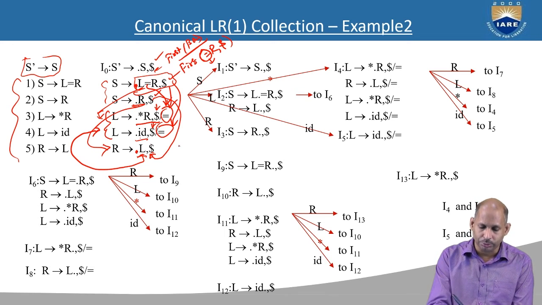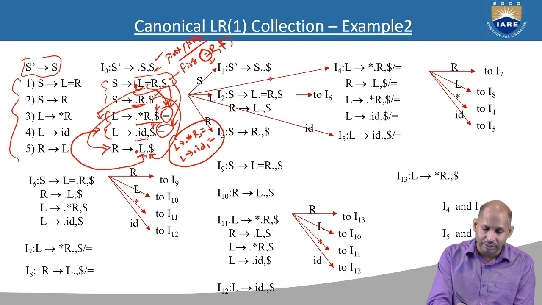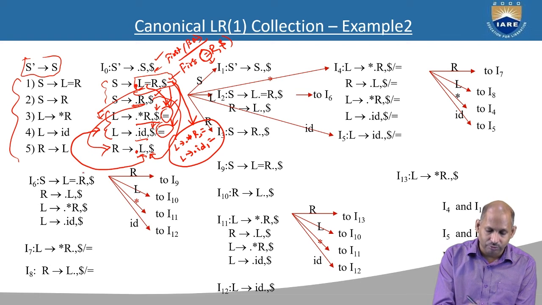There are two groups. L gives dot multiplication R or assignment. L gives dot ID assignment. These two are obtained from here. There is one more. L gives dot multiplication R or dollar. L gives dot ID dollar sign.